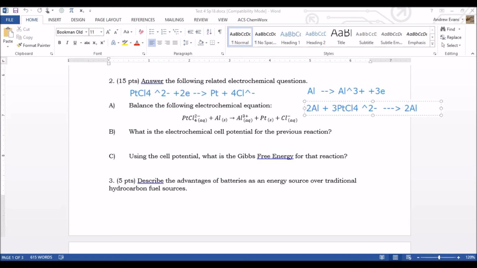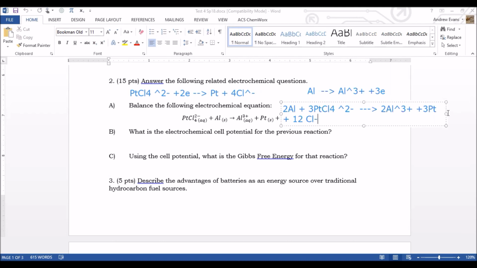Why are you choosing the greatest common factor? Because we want the electrons to cancel out. You always want the electrons to cancel out. How do I cancel 3 electrons out with 2 electrons? Well, I'm going to need 6 on the left, 6 on the right. And then 3 times 4 is 12 chlorines minus.